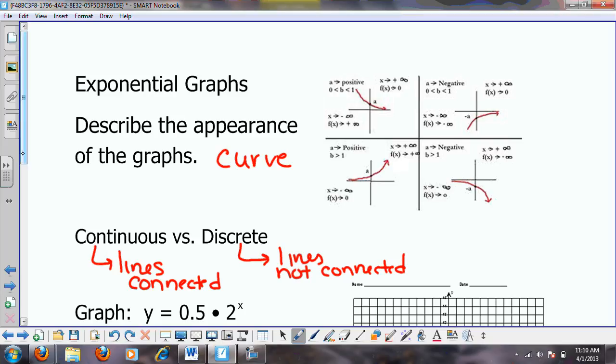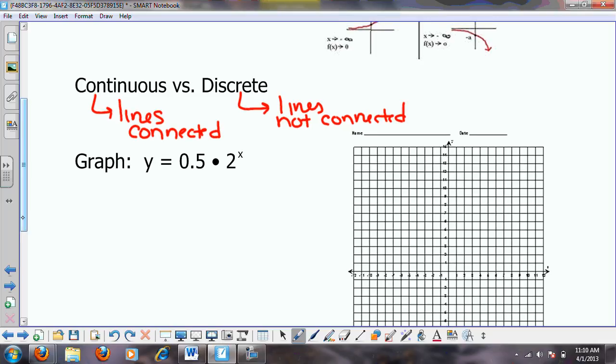Let's look at example 3. We're going to graph this function, y equals 1/2 times 2 to the x power. When we get ready to graph functions, I feel like it's easiest to make a t-chart with my x and y values. How many points do I ask that you put? 3. Let's try a negative number.